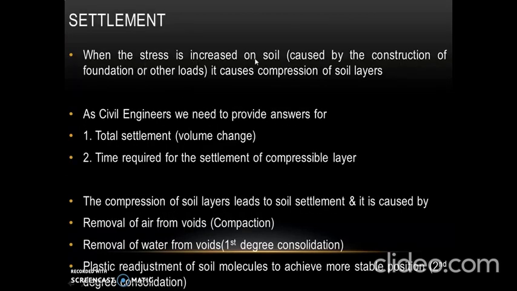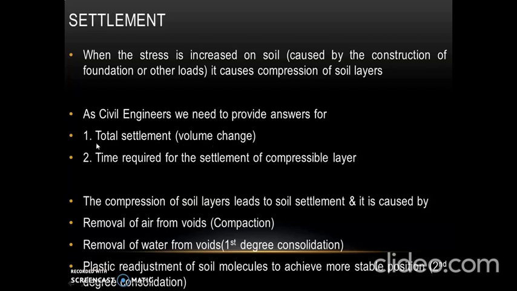When the stress is increased on the soil, which is usually due to the construction of any structure starting from foundation to the superstructure, it results into compression of the various layers of the soil. As a civil engineer, we need to know how much would be the total settlement of the soil, which is referred to as change in volume. That is, the volume decreases with increase in the load and it may increase due to removal of the load.